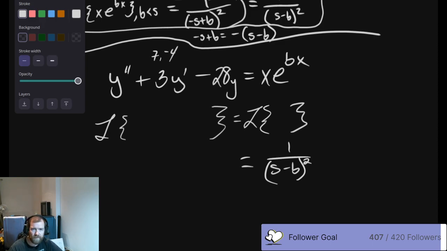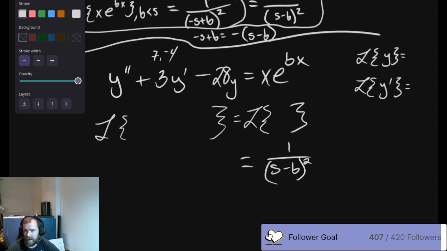On the left, we have a differential equation, and the Laplace transforms of y, y prime, and y double prime have this nice little scheme that works out.